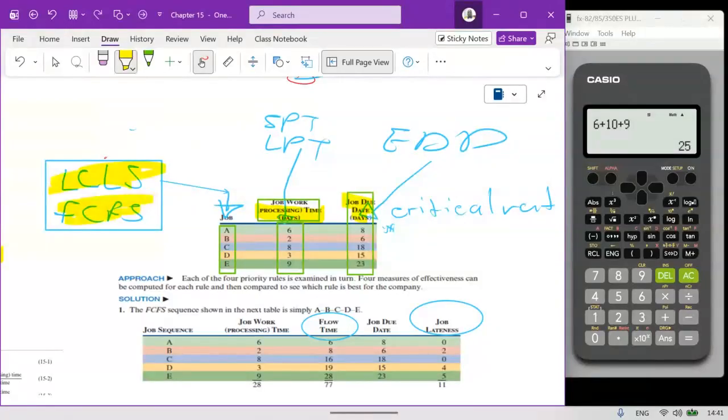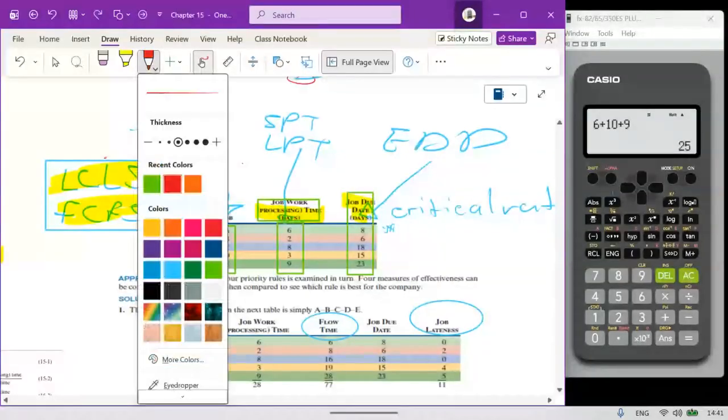We have jobs. We sort sequencing. What sequence are we supposed to follow? What are the 4 sequences that exist? We have last come, last serviced, LCLS, meaning that you look here, this is a sequence of how the products are coming.